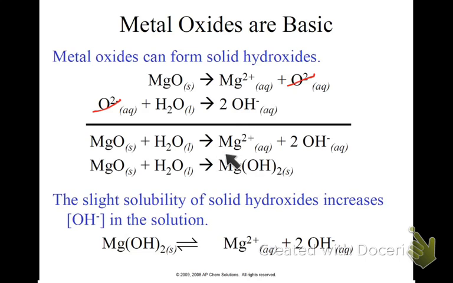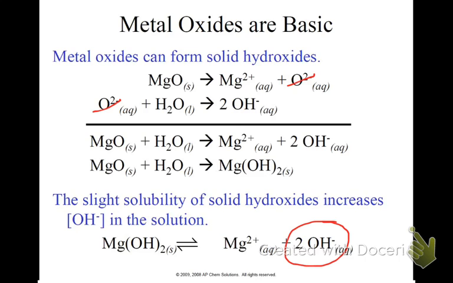Now, magnesium hydroxide, if we think to our solubility rules, is labeled as insoluble, but if you think back to last unit with Ksp, all things that are insoluble are actually slightly soluble. So magnesium hydroxide is slightly soluble in water, and when it dissolves or ionizes, it's going to generate Mg2 plus and 2 hydroxides.